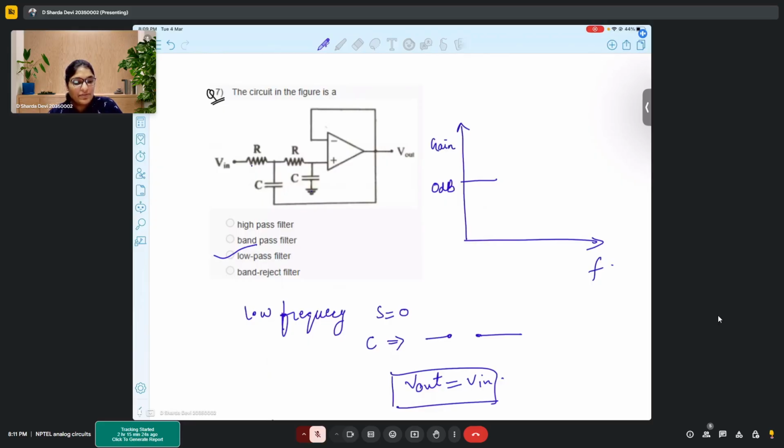That is the only information you can get from here. It's not a voltage follower, but definitely at low frequencies, since Vout and Vin are equal, we can say it is like a voltage follower, but it's not exactly the voltage follower. Okay, madam. Thank you.